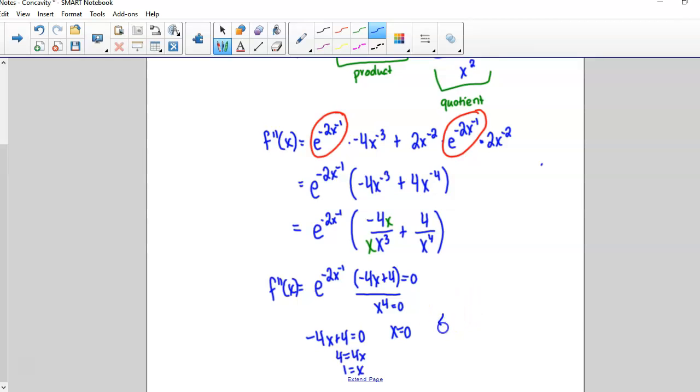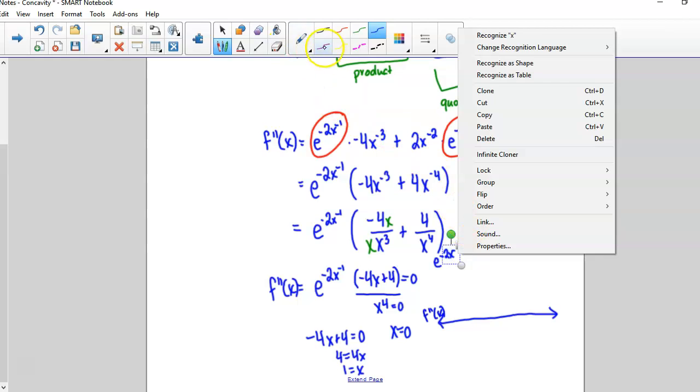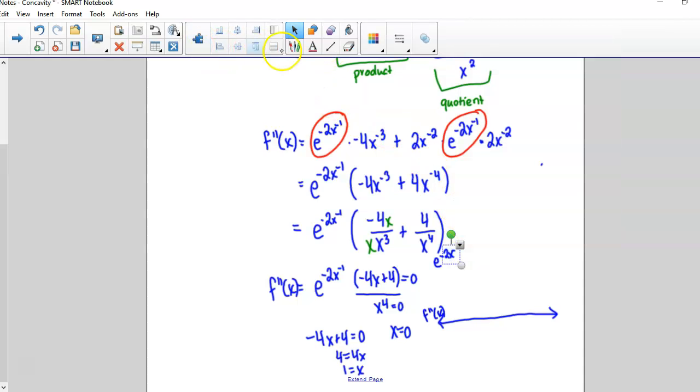And so we will make our chart, and we'll use all the pieces. We've got e to the negative 2x to the negative 1, we've got negative 4x plus 4, and we've got x to the 4th.